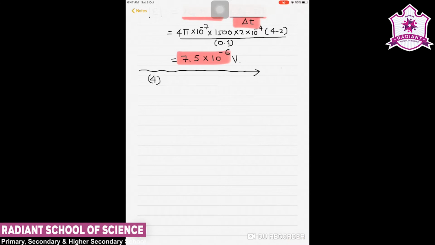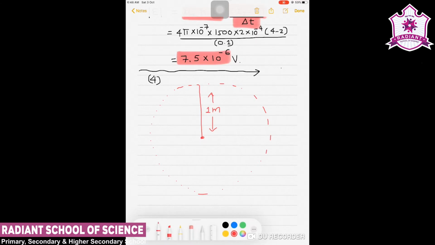As we go with the example, suppose a rod is given, this is the axle, the length is 1 meter as given in the information, and it is rotated in this manner. We consider that it is rotated about its axis.